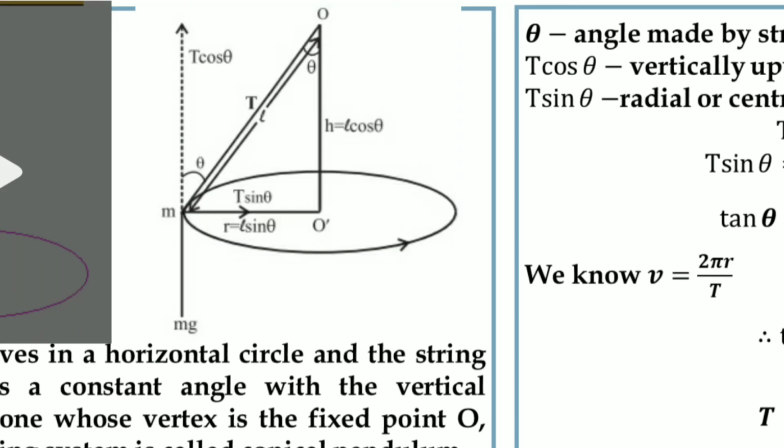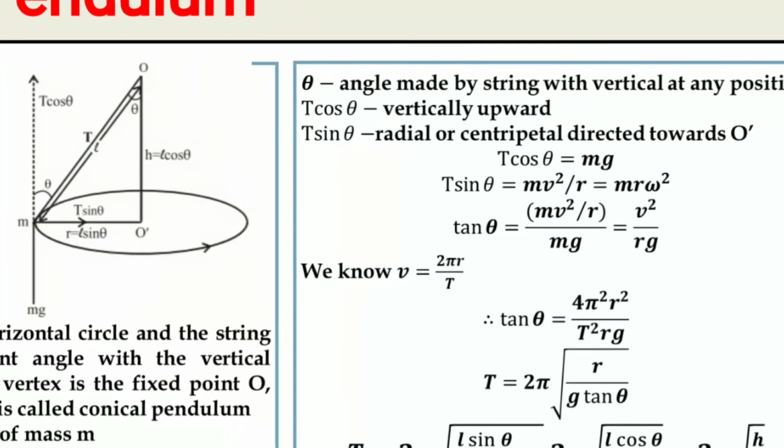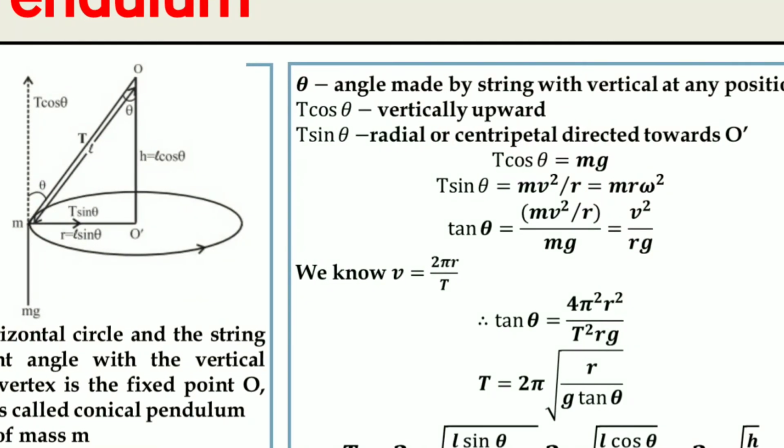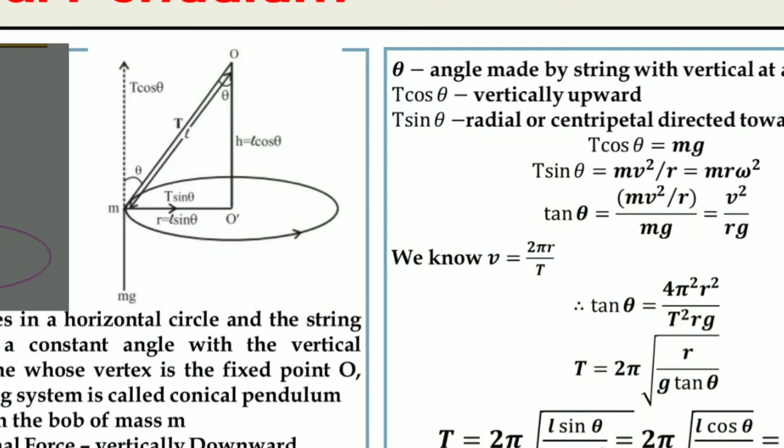One is T cos theta and another one is T sin theta. Now this angle is theta. If this angle is theta, this angle is also theta. You have studied this in geometry, right?